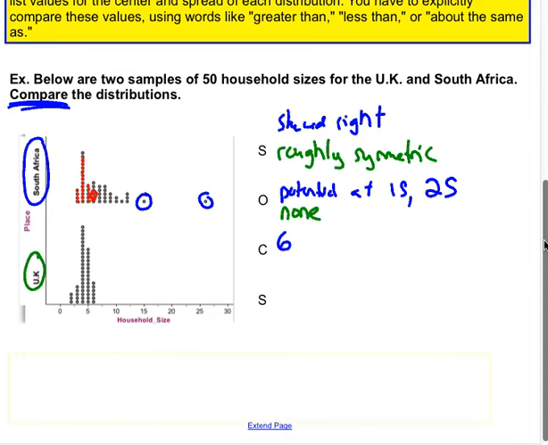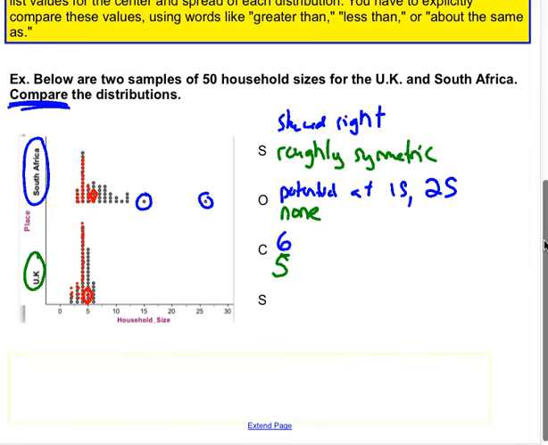For the UK, 1, 2, 3, 4, 5, 6, 7, 8, 9, 10, 11, 12, 13, 14, 15, 16, 17, 18, 19, 20, 23, 24, 25, 26. So the UK is centered at 5. A little bit smaller.